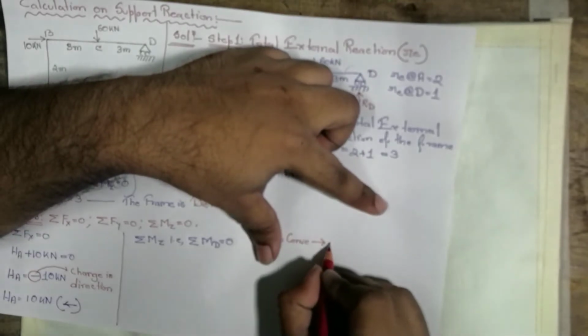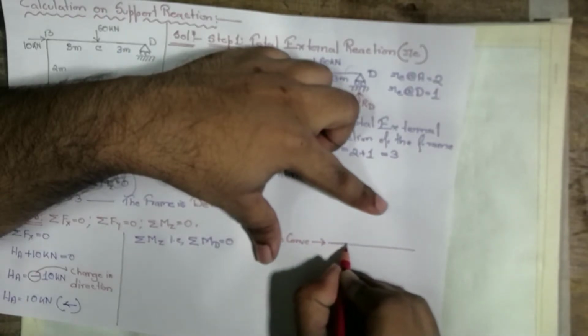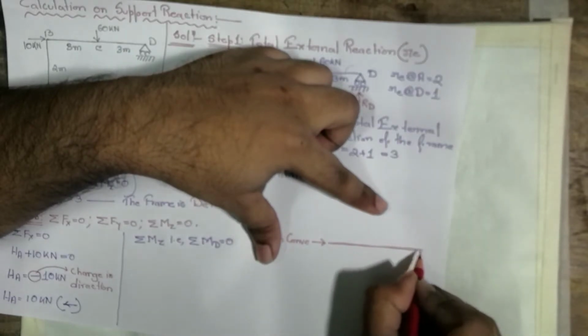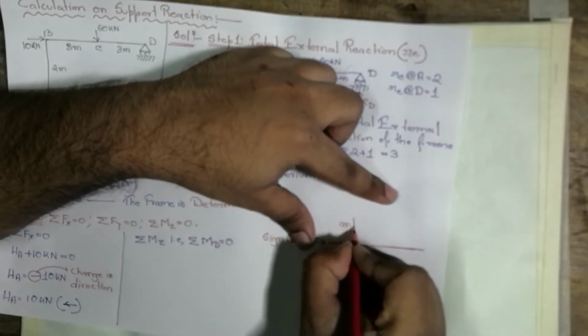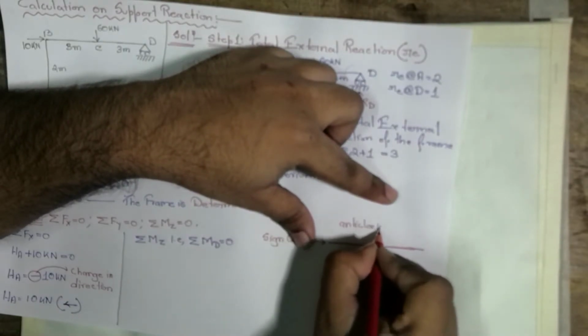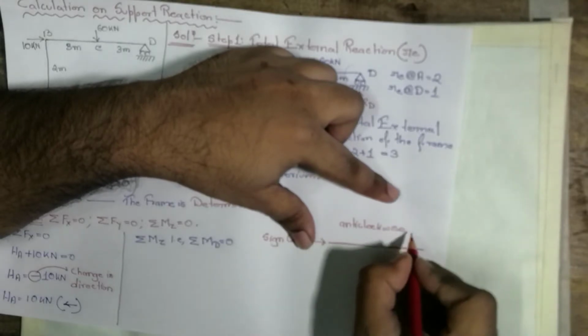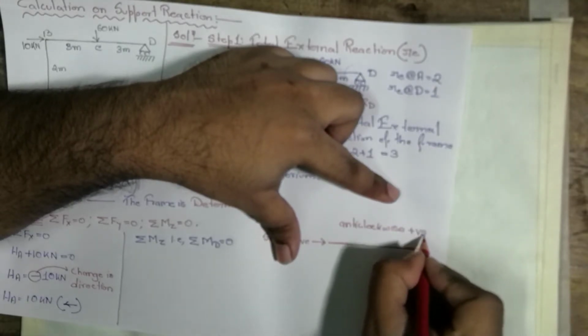What is the sign convention in this case? There are two sign conventions. It does not matter which sign convention I take. The first one is taking anti-clockwise as positive and clockwise as negative.